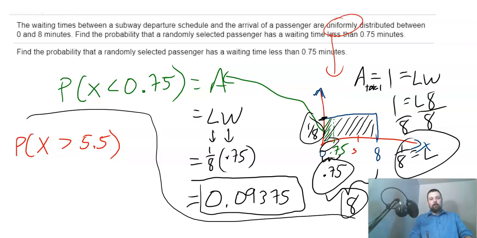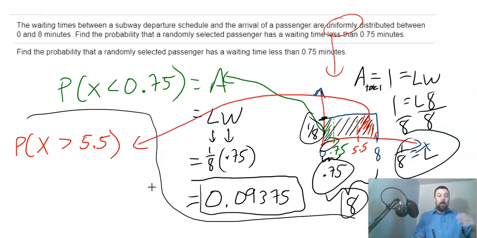So 5.5 would probably be somewhere about right here. So we draw a vertical line from that number up to the top of the rectangle. And I want to find the probability that the wait time is more than that, which means I want the area to the right of 5.5. That will correspond to the probability that the wait time is greater than 5.5.